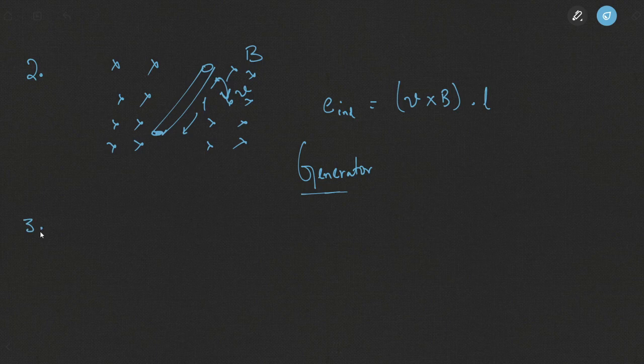The third principle given by Faraday basically involves the time rate of change of flux. As per this principle, a voltage will be induced in a circuit that is associated with changing flux.